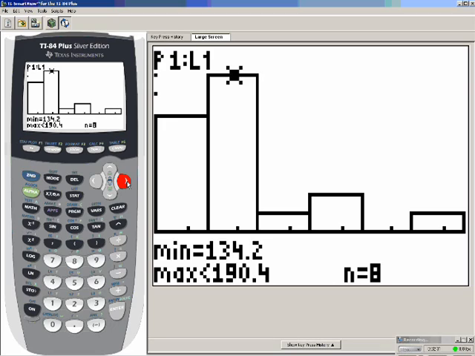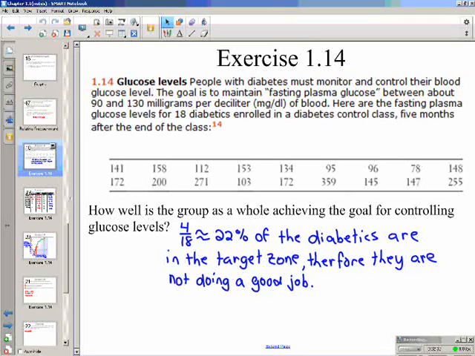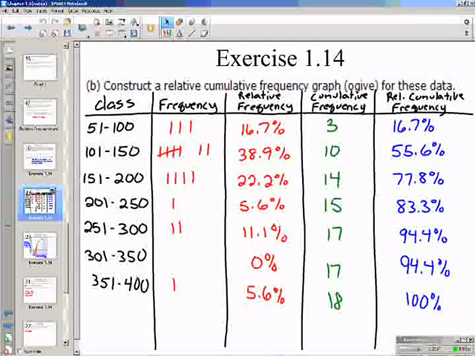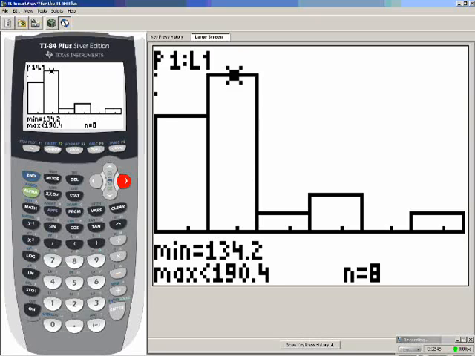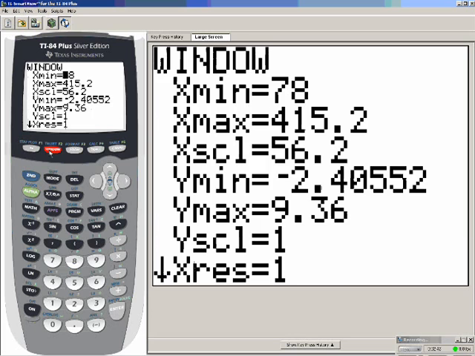Well, when we did our histogram by hand, if we move ahead to that, okay, remember we selected class widths of 50. So let's go ahead and go into our window of the calculator and let's put in the class widths that we are looking for.